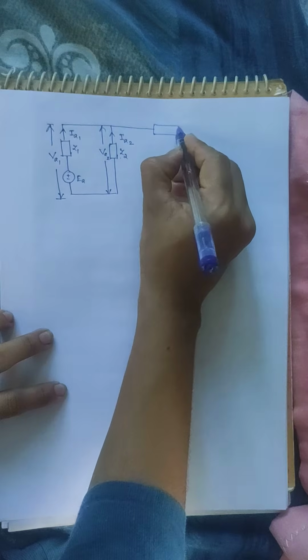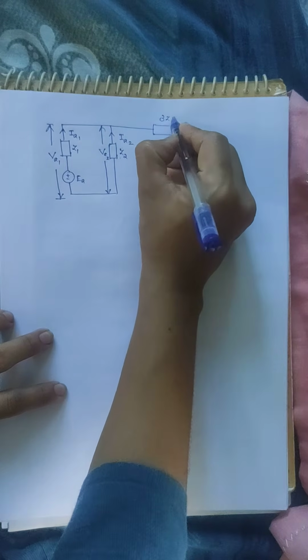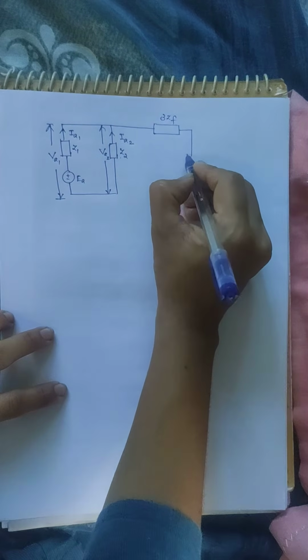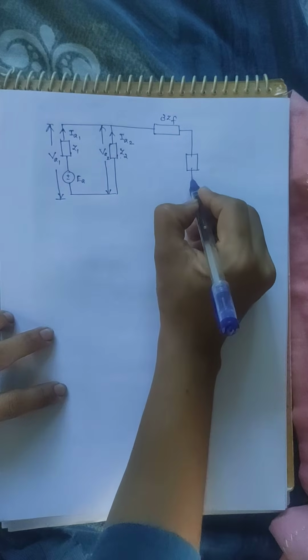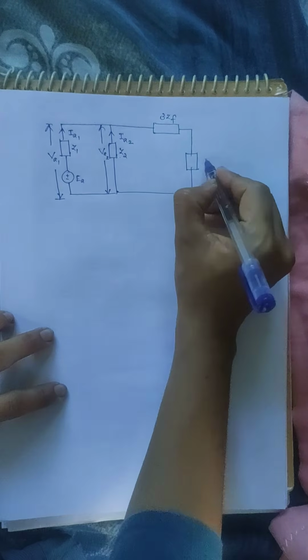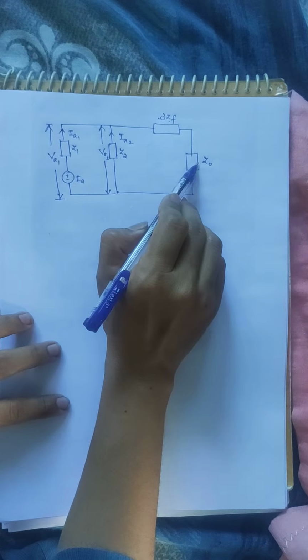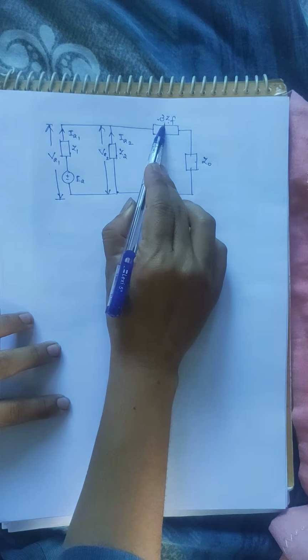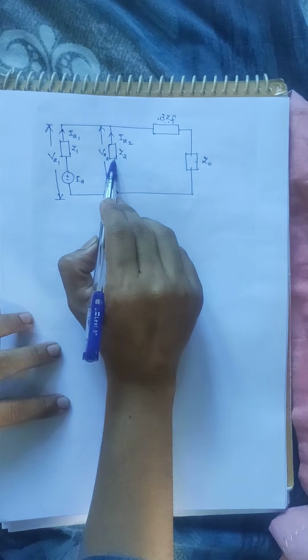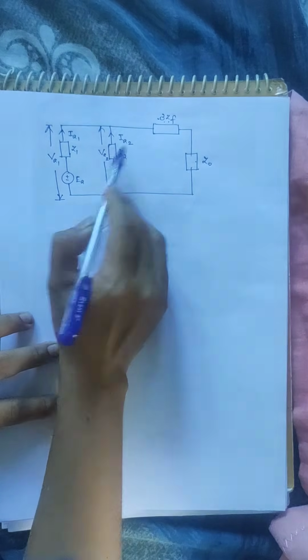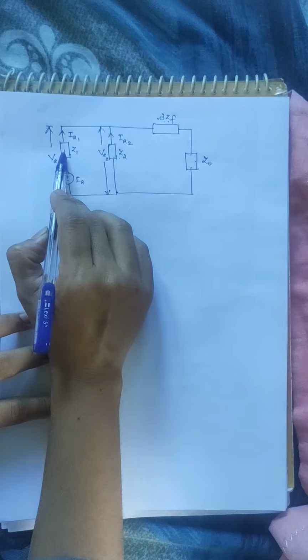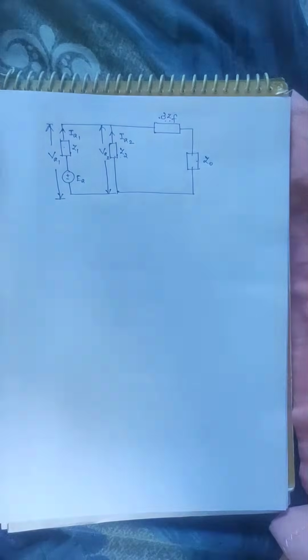So let this be 3ZF and Z0 in series. So this will become Z0 plus 3ZF, which is in parallel with Z2, and the entire combination is in series with Z1. So we will get the expression for IA1 from this sequence diagram.